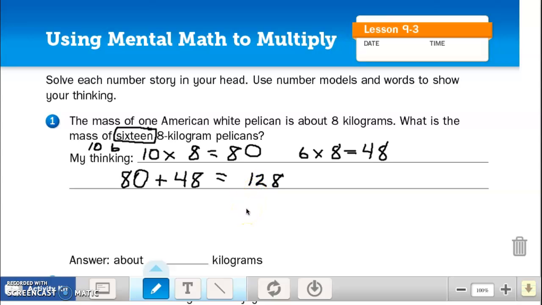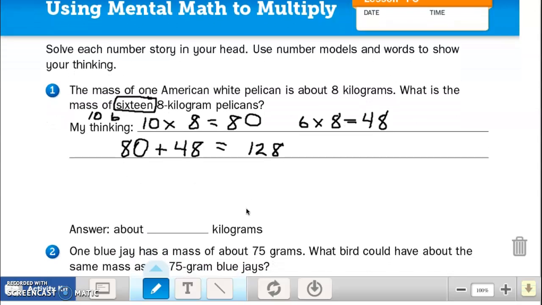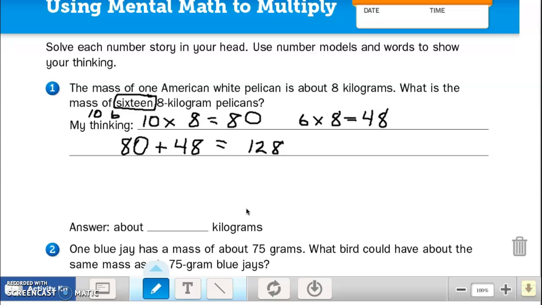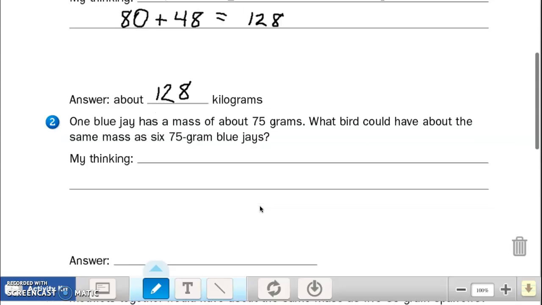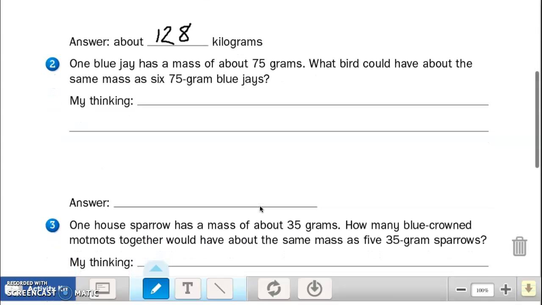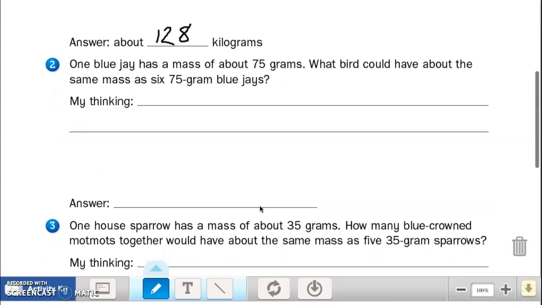So there we go. What is the mass of 16 8-kilogram pelicans? It'd be 128 kilograms.